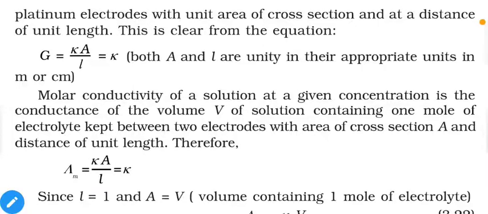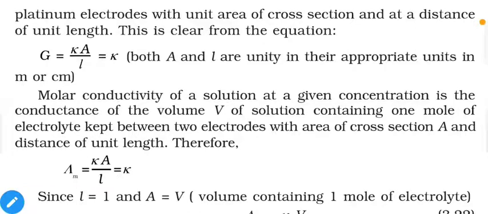That means kappa is the specific conductivity, A is the area of cross section and L is the length or distance between the two electrodes. So if A and L are both unity, say the area of cross section is 1 cm square and the distance between the two electrodes is 1 cm, then A/L becomes 1, and in this case G = kappa.